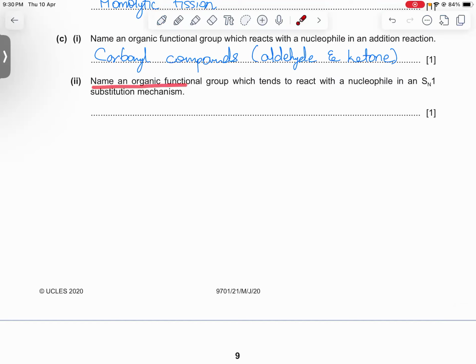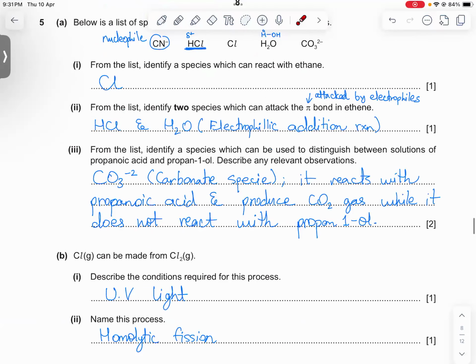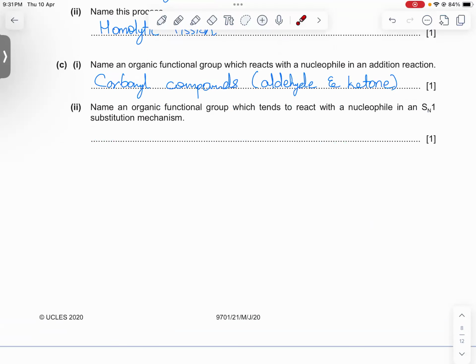Name an organic functional group which tends to react with a nucleophile in an SN1 substitution mechanism. SN1 is a substitution mechanism in which the reaction rate is limited by one reactant. In SN1 reactions, where have we studied SN reactions? We have studied them in halogenoalkanes, right?